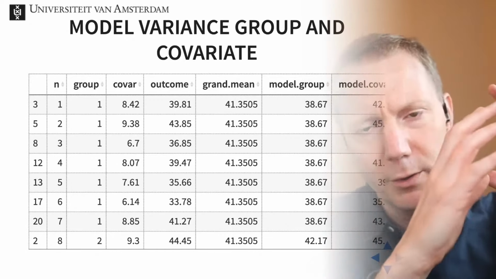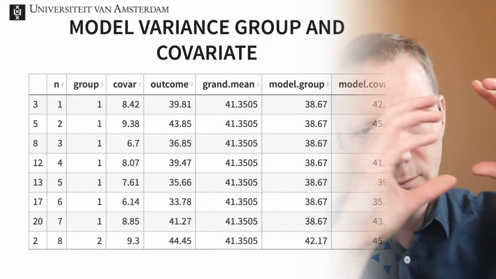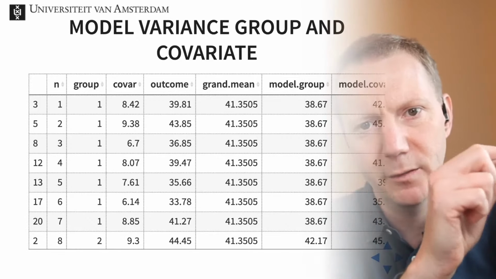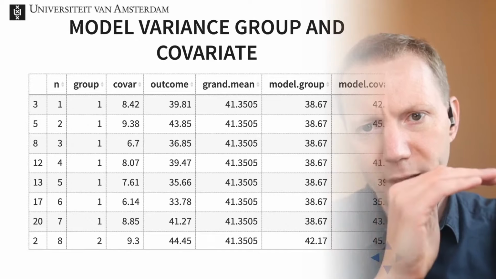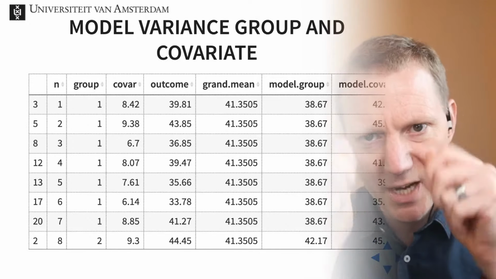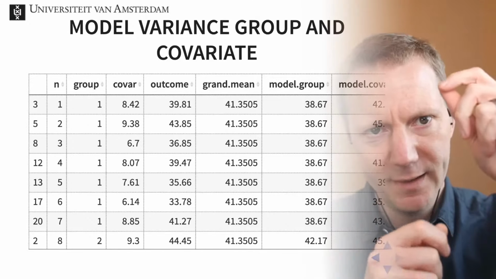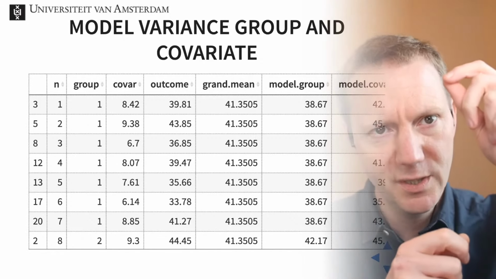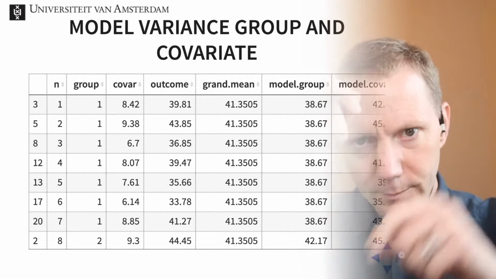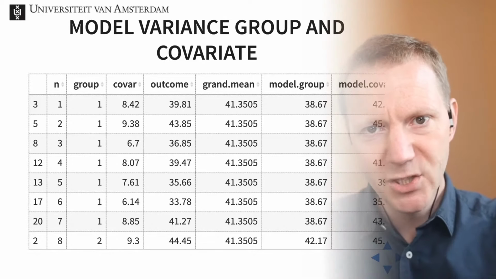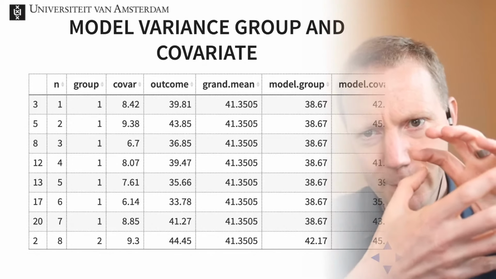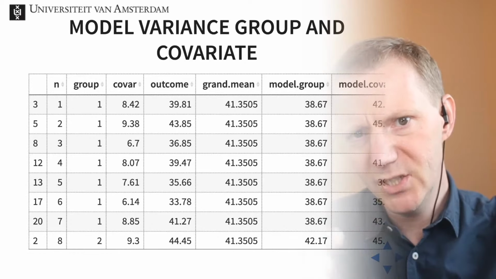So in one model that we've seen, we only had the grouping variable, so the expected value for each individual was just the group mean. We've seen it separately for the covariate, and we've seen that because it's a continuous variable, it can differ for each individual. So if you combine these, it will also differ for each individual, right?